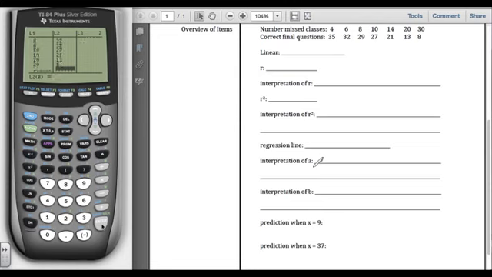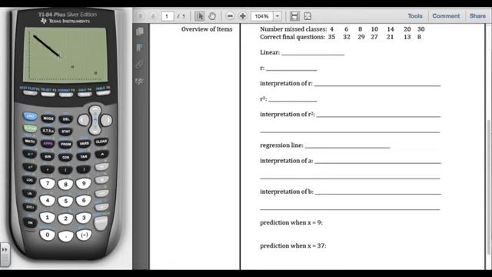To see if it's linear, remember that you can hit the zoom button and the number 9.